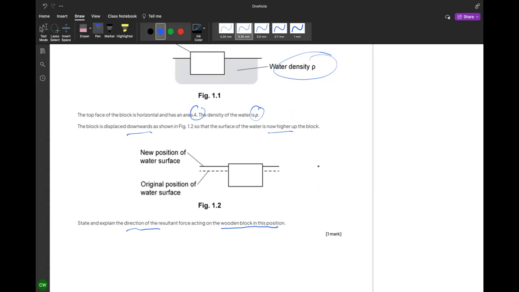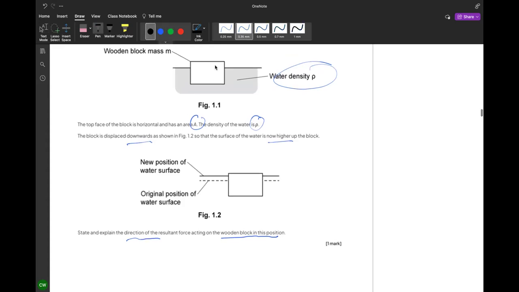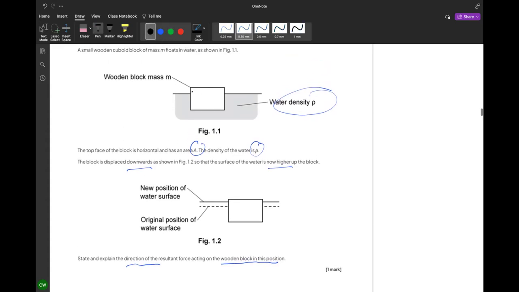Okay, how to explain this? Initially, what are the two forces acting when they are in equilibrium? What is the force causing it to float? It's called the upthrust.